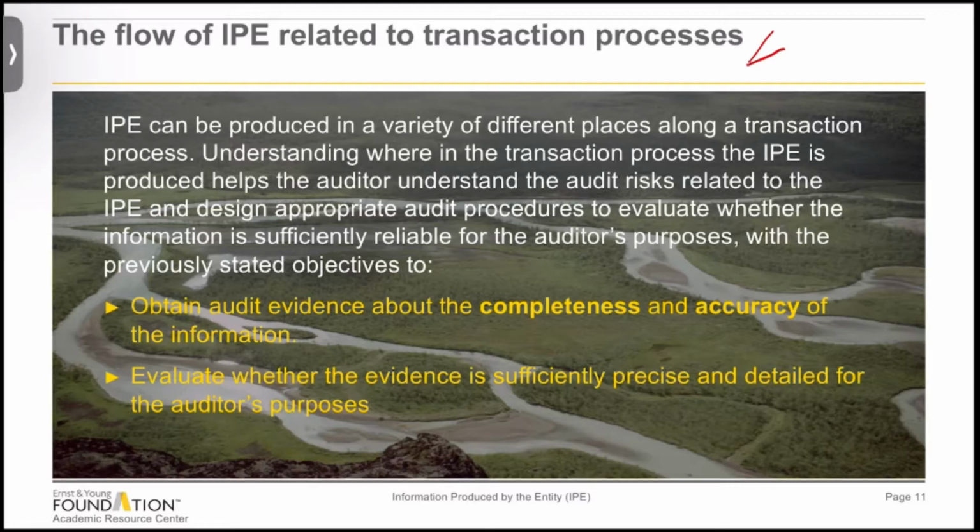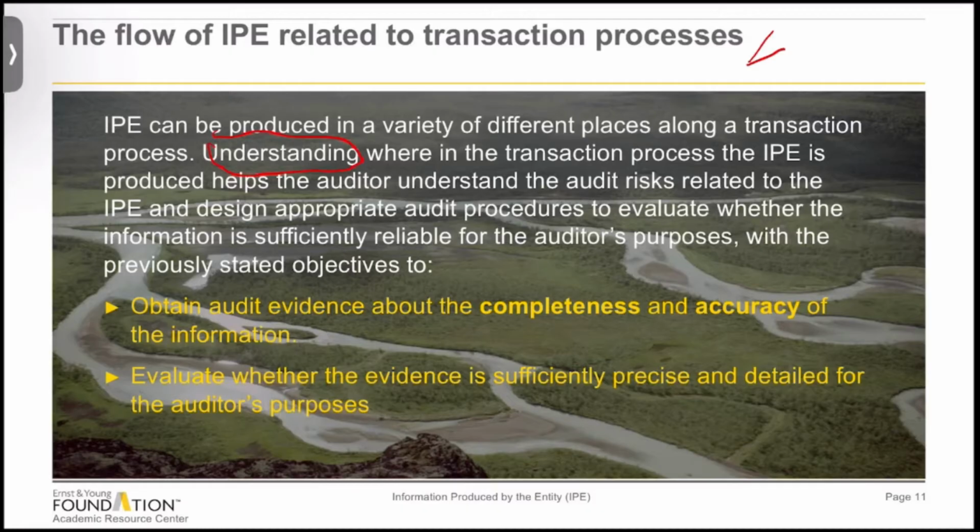So what is the flow of the IPE related to transaction processes? IPE can be produced in a variety of different places along a transaction process. Understanding where in the transaction process the IPE is produced helps the auditor understand the audit risks related to the IPE, so that we can design appropriate audit procedures to evaluate whether the information is sufficiently reliable for the auditor's purposes.